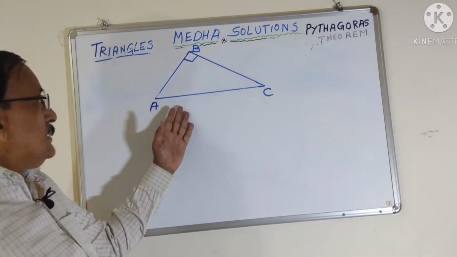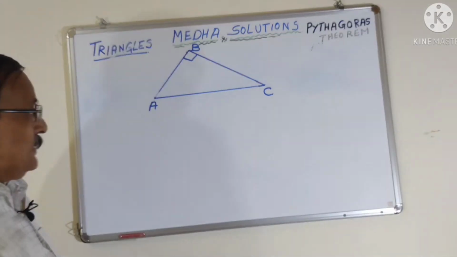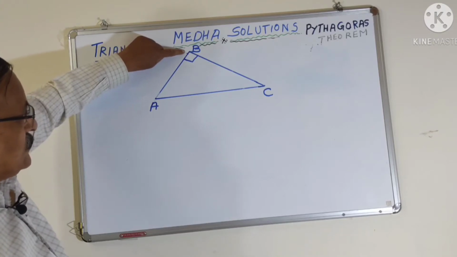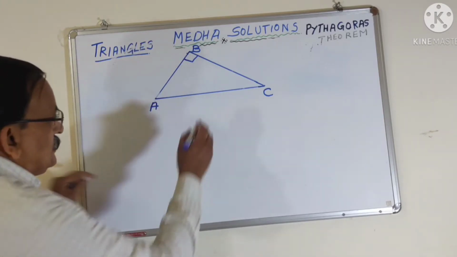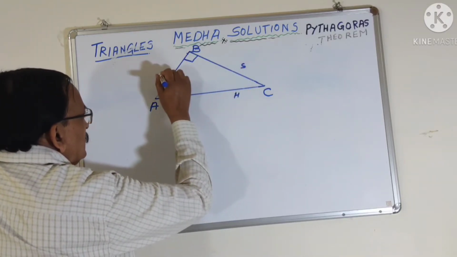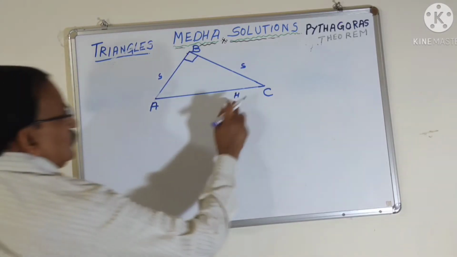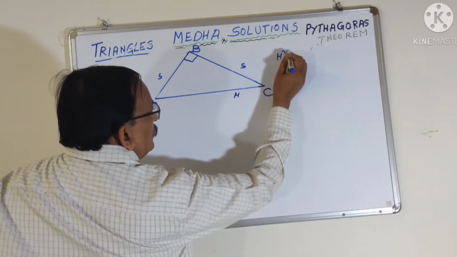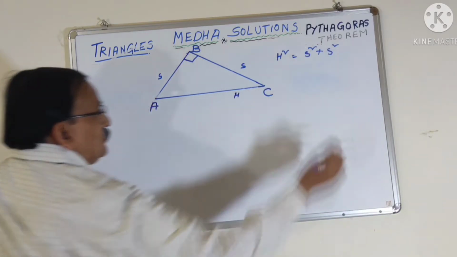Students, this is a triangle ABC, right angle at B, this is the 90 degrees. So opposite to 90, AC is called the hypotenuse. This is one side and this is the other side. What we have to prove? Hypotenuse square is equal to side square plus side square. Keep this point in your mind.